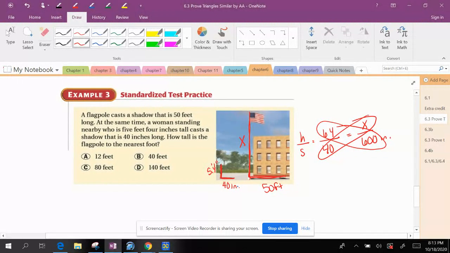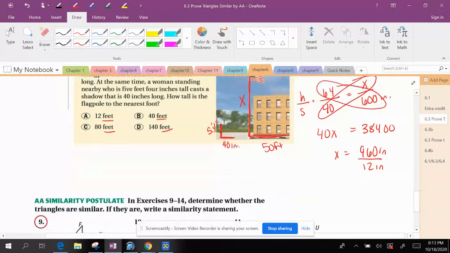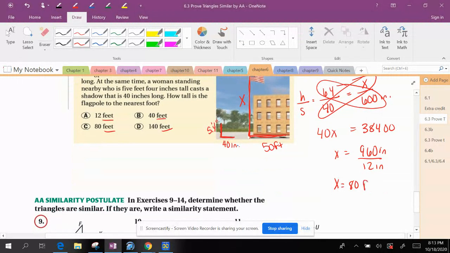When I do that, I get a big number, because 64 times 600 seems like it's going to be a pretty big number, 38,400. And I'm going to divide that by 40. Now this is in inches, but all my answers are in feet. So I have to divide this by 12 inches, which gets me 80 feet. So C would be my answer.